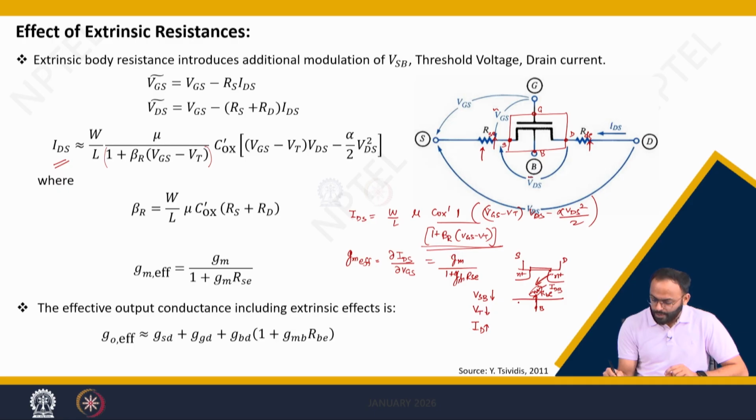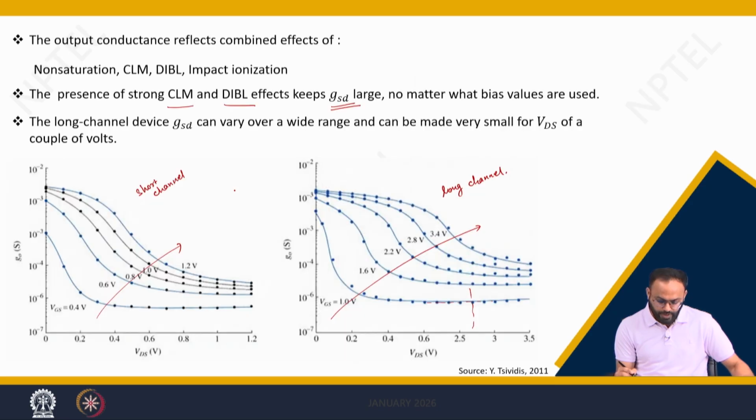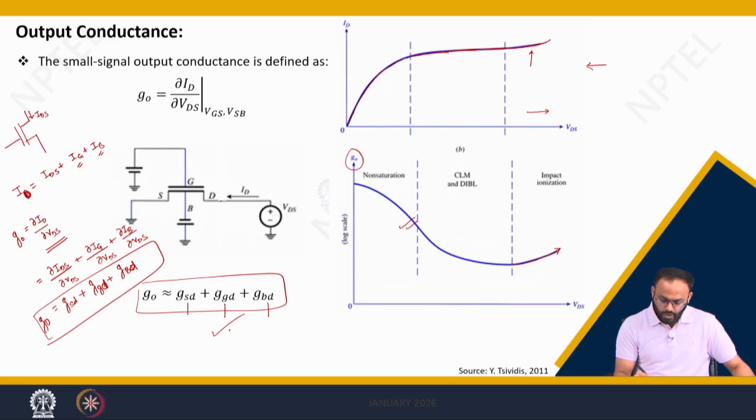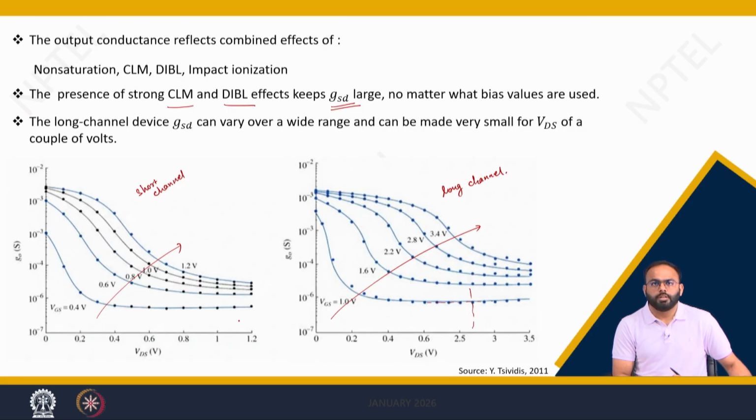Because of that, the overall output effective conductance will also increase by a factor of 1 plus GMB into RBE. We are not going to do a detailed calculation, but you can simply consider this factor and include it in the basic equations we have derived for the overall output conductance.